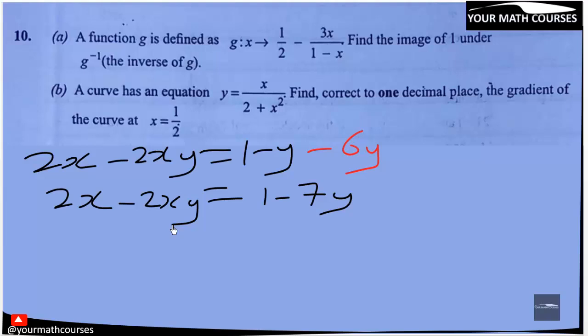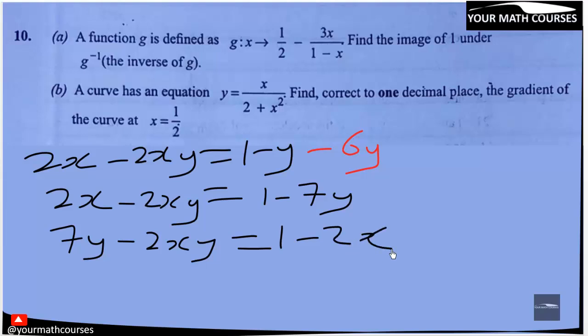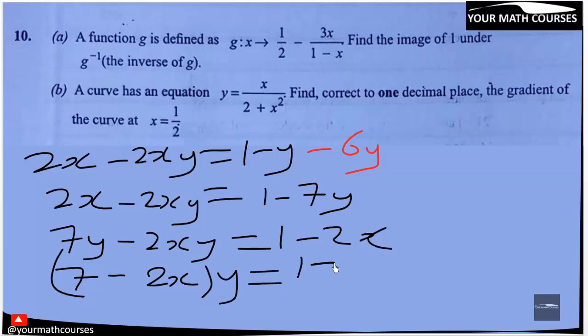So let's group the y terms. So we have 7y minus 2xy to be equal to 1 minus 2x. So (7 minus 2x), we factor the y, will be equal to 1 minus 2x.